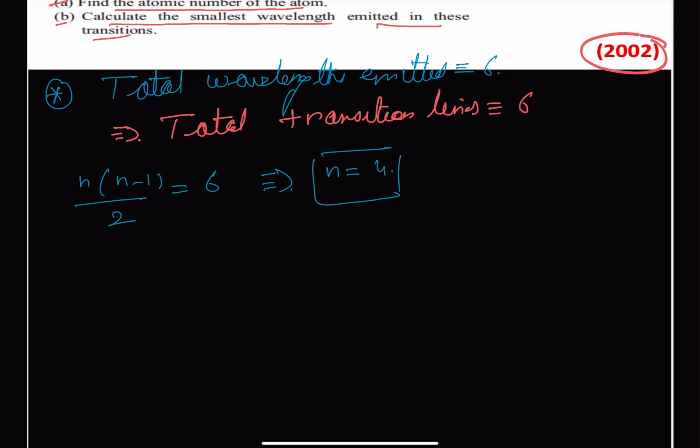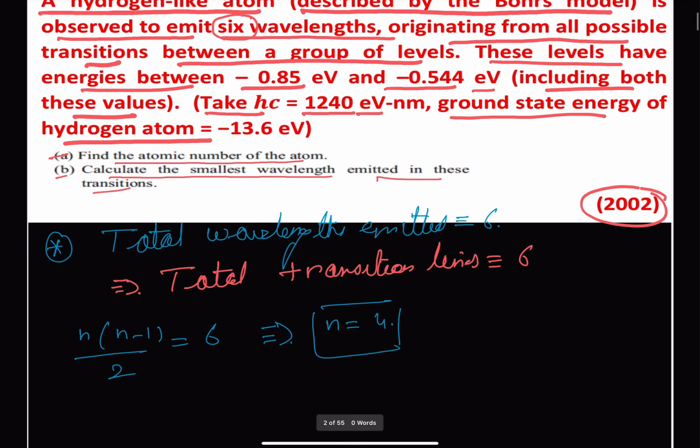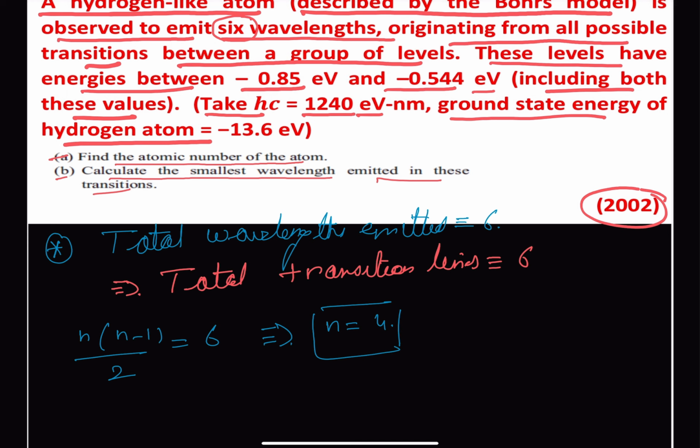It also states that the energy levels are between minus 0.85 and minus 0.544, and both values are included.